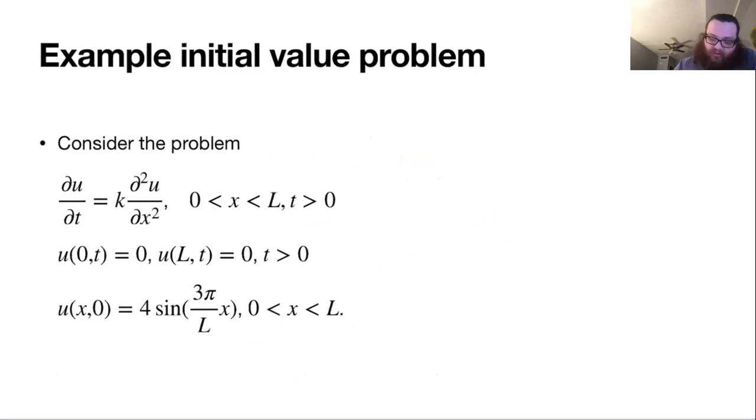So consider the following problem: the heat equation, zero temperature boundary conditions, and now our initial condition, u of x comma 0, is this function, 4 times sine of 3 pi over l x.